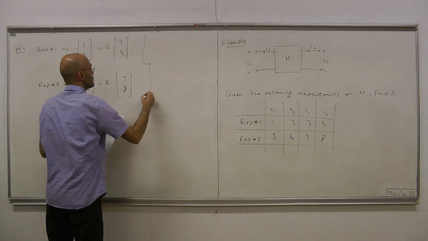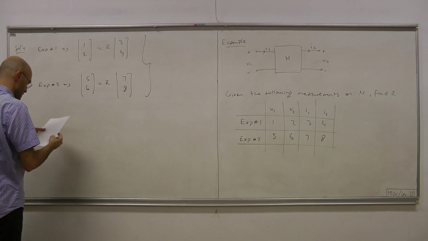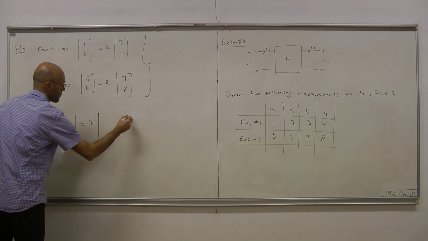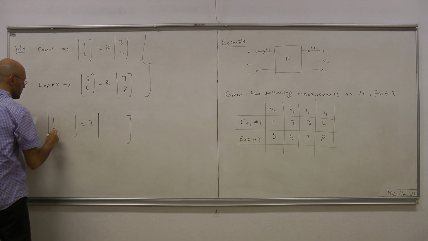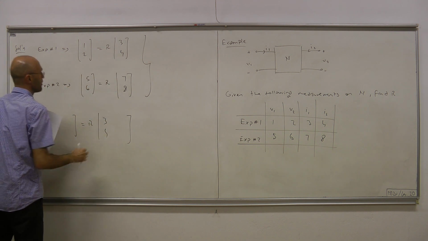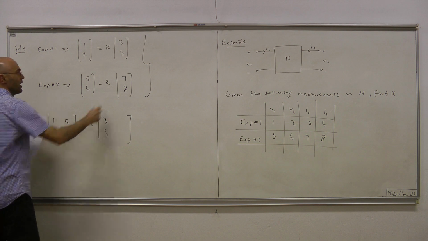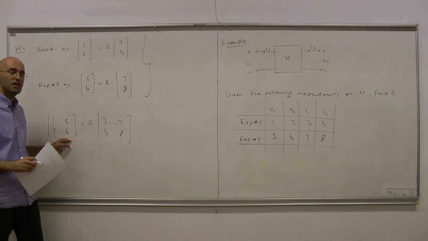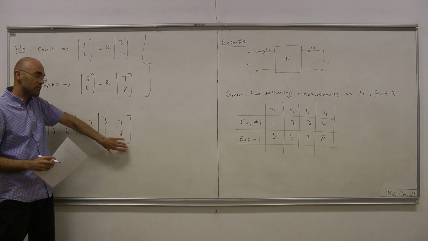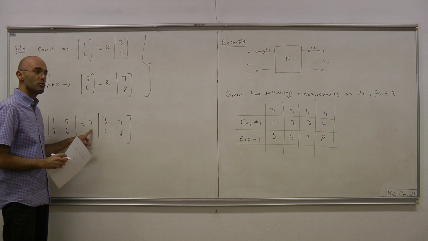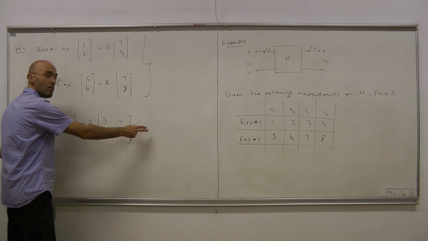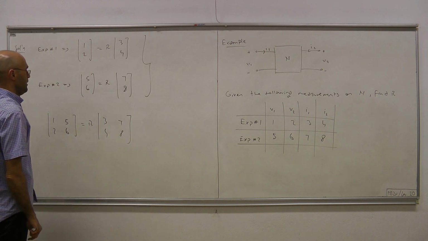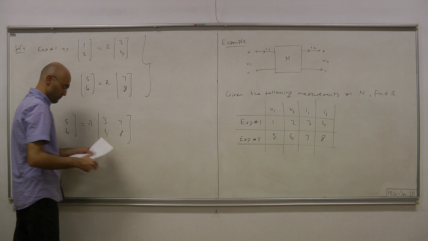So let's rewrite those two equations in a single equation, by which I mean the following. 1, 2 and 5, 6 here, and 3, 4 and 7, 8 here. Now we have a 2 by 2 matrix equals R, a 2 by 2 matrix, times another 2 by 2 matrix, and to compute R, all you have to do is multiply both sides from the right by the inverse of this matrix.